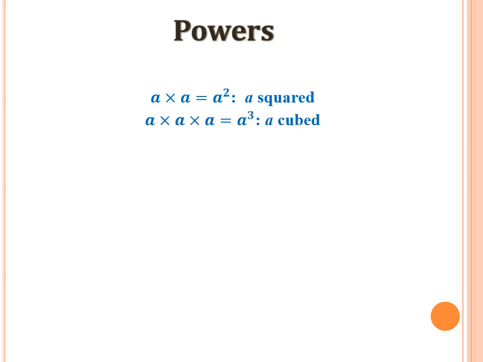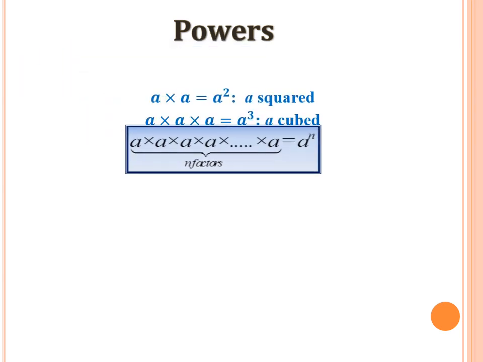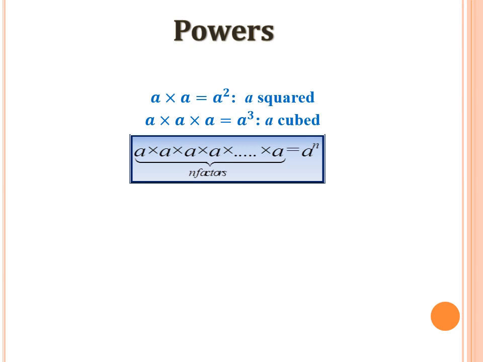Now, a times a times a, it's a to the power 3, or a cubed. But what if we repeated this a for n times? N is an indefinite number. We don't know how much, so we can say it's a to the power n. We can spell it the nth power of a or a exponent n.